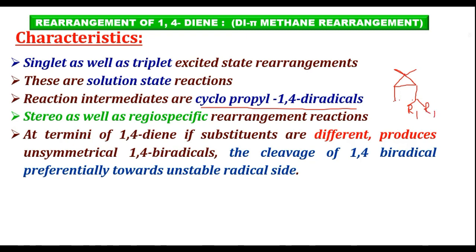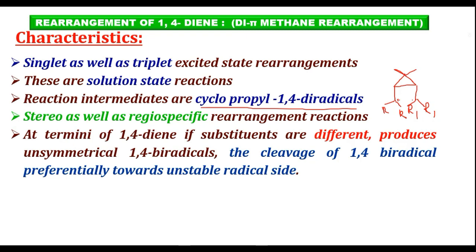For example, here I am writing some substituents R. So what are they saying, friends? At the terminal positions, if different substituents are present, then the products produced are different. The cleavage always takes place towards the less stable radical side.